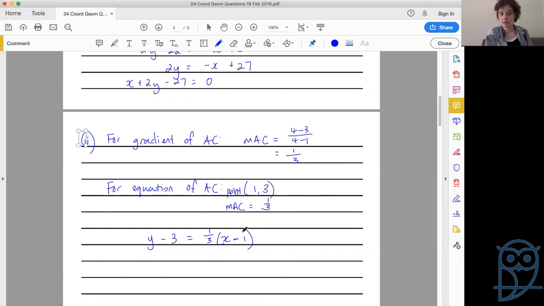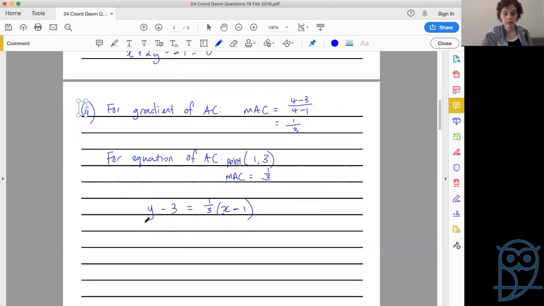And again, I say to you, always use this. This is how you build a line. You have to use this formula. Okay, get rid of our fractions first. 3y minus 9 equals x minus 1. So 3y equals x plus 8, I believe.